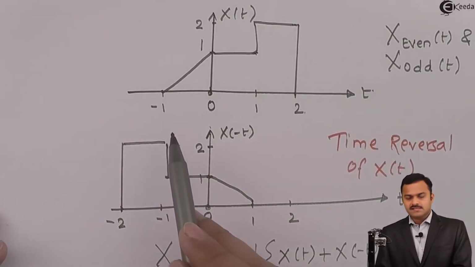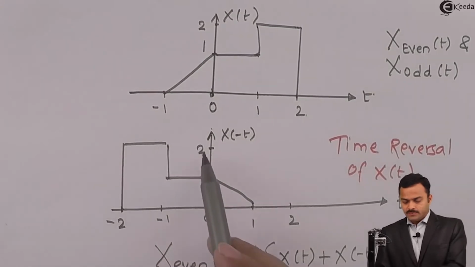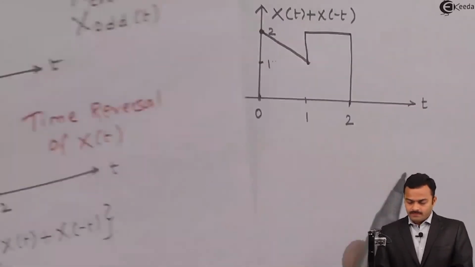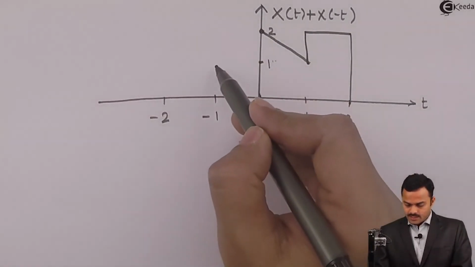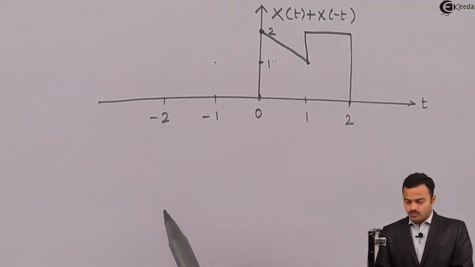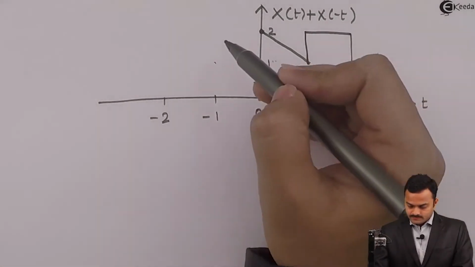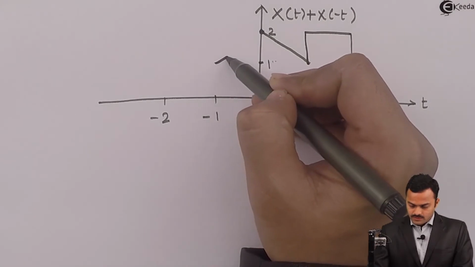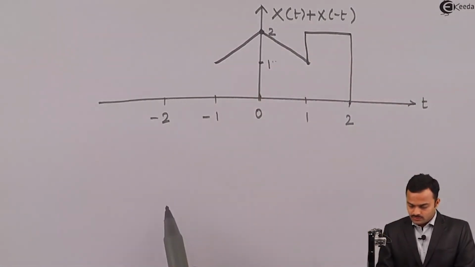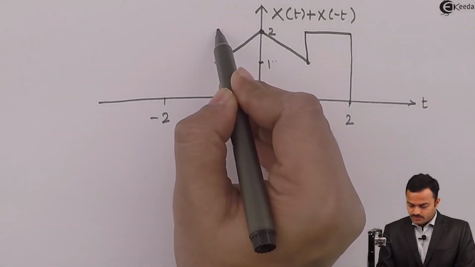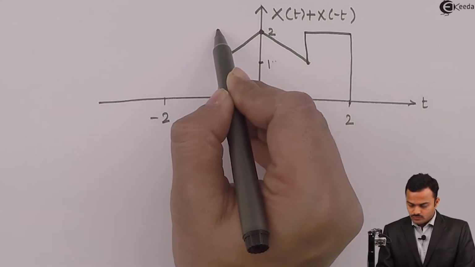So the transition should be like this. There should be a straight line of minus 1 slope, and it should reach 1 as the value, and immediately it should go and we should have the value equal to 2.